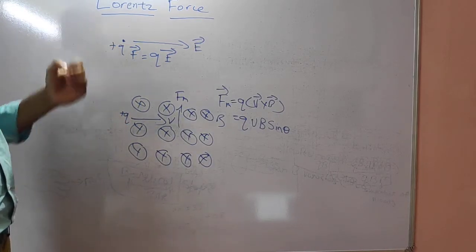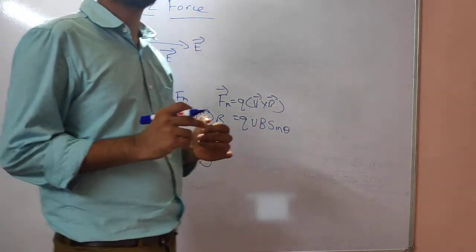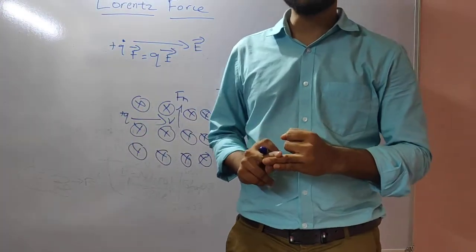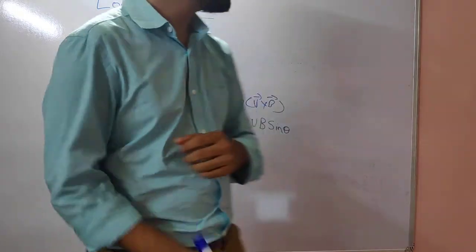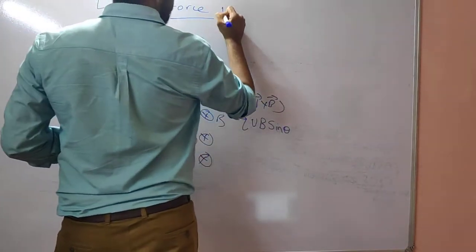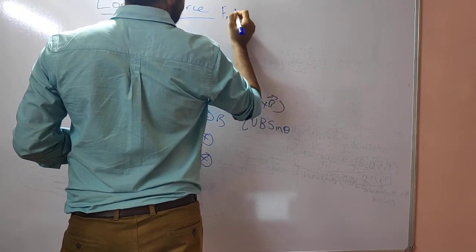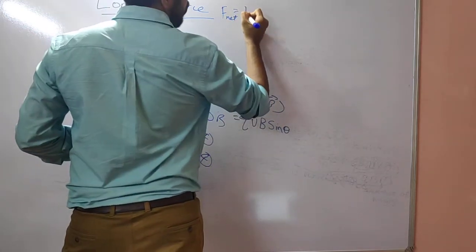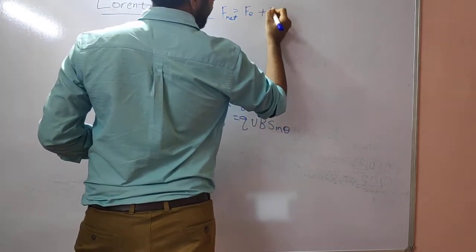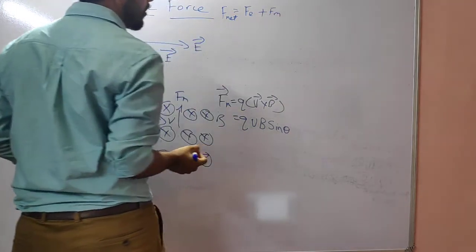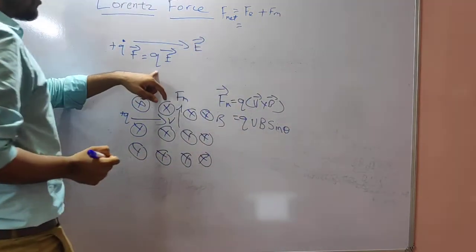Okay, suppose there is a particle which is inside an electric field as well as in the magnetic field, then what will be the net force on it? The net force on that particle is given by Lorentz force, that is F net will be equal to force due to electric field and force due to magnetic field. Okay, so we can take the values from over here.